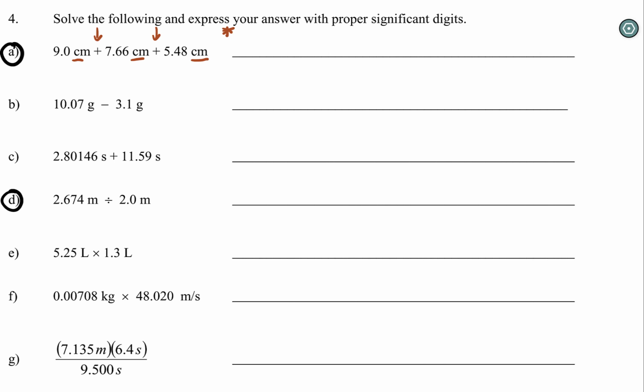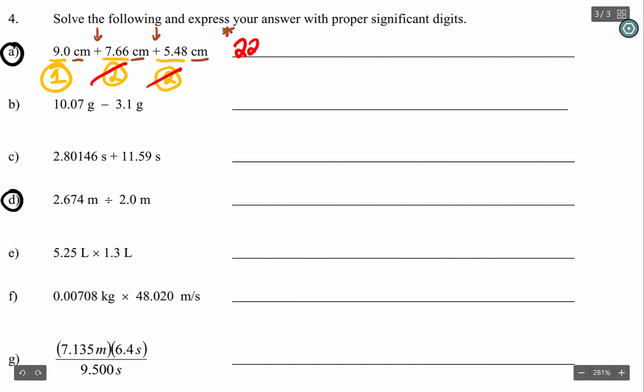The next thing I'm looking for is how many decimal places, or how accurate is this measurement. So this one is to 1 decimal place, this is to 2 decimal places, and 2 decimal places. Our answer has to be to the least accurate measurement. So these are gone. My final answer has to have 1 decimal place. So when you punch these three numbers into your calculator, you will get 22.14.